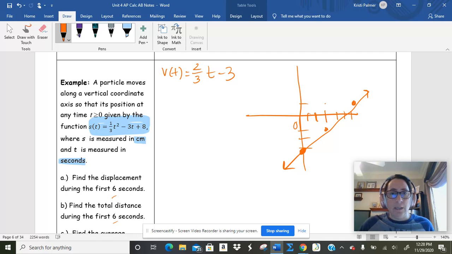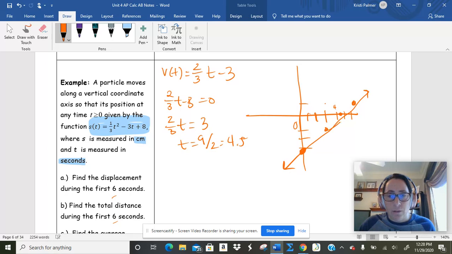This is kind of hard to see, so let's find where that's 0, to see if I got it in the right spot. Equals 3, so 9/2, which is 4.5. So it looks like I got it about right, 4.5 is where it crossed. Okay, so next I'm going to find these areas.